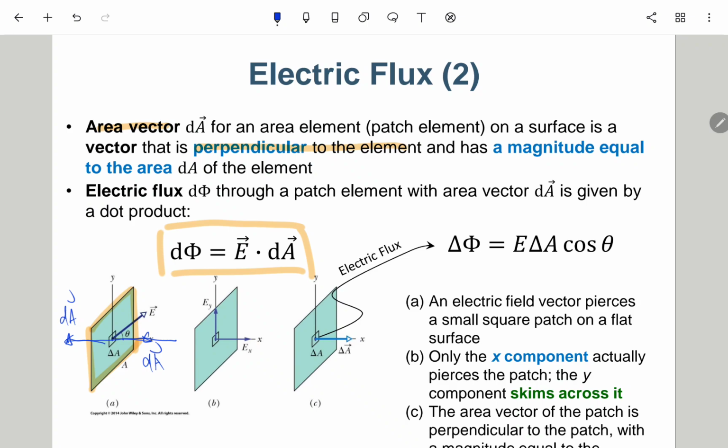If it is not a closed surface, then this dA is free for you to define. You can define it yourself, but you must remember whether you defined left or right. Don't define it as left and then calculate it as right, otherwise you will get sign problems. So the only constraint is that this dA is perpendicular to the element.